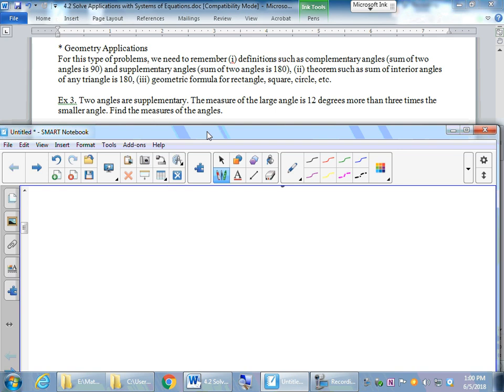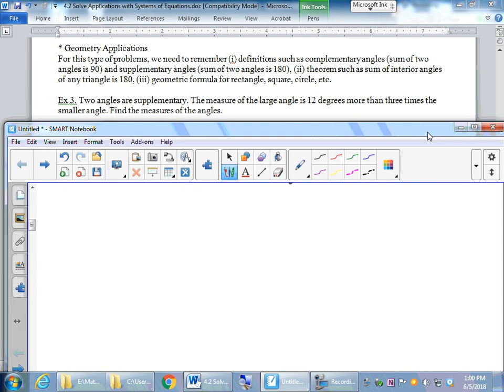And remember that the interior angles of all the triangles added up to be 180. And also formula for the rectangle, square, circle, and etc. Right? All the other formulas that we need to know. So those, we talked about that in section 2.2 before. So let's take a look at on the very first example of this geometry type.